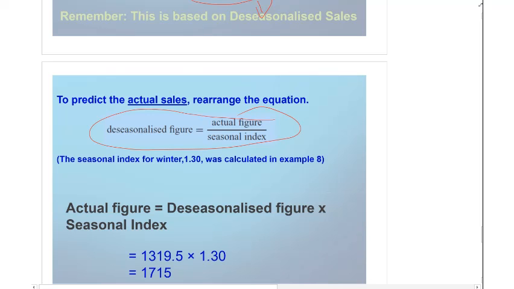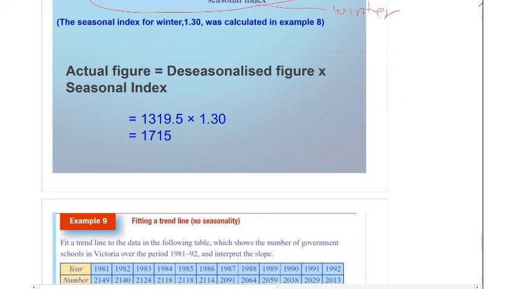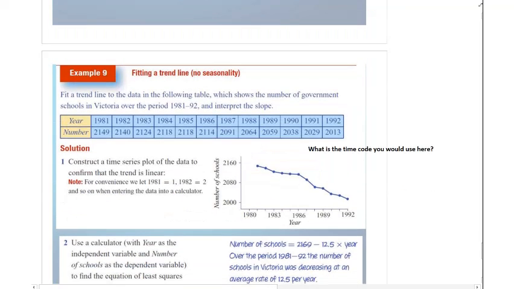You put those numbers in, you rearrange it so it's in terms of actual. You want it as actual. So you're using the seasonal index here for winter. And you'd go actual figure equals deseasonalized figure times seasonal index. And that is your value.